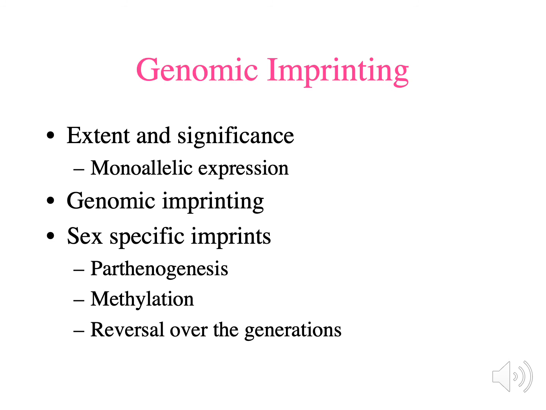Genomic imprinting. Genomic imprinting really refers to the differential expression of maternally and paternally inherited alleles. When we think about human genetics, we're accustomed to the idea that in mammalian diploid cells, both the paternal and maternal alleles are expressed, and this would be referred to as biallelic expression.